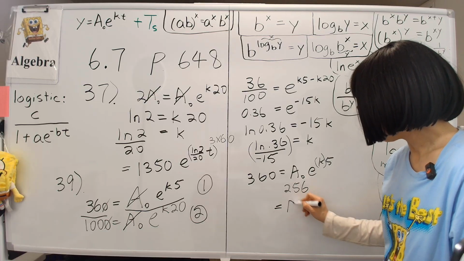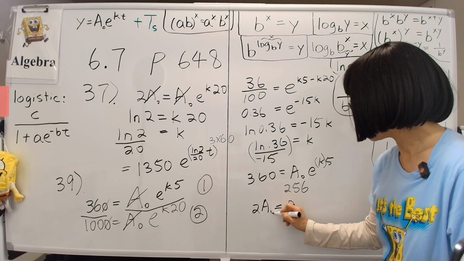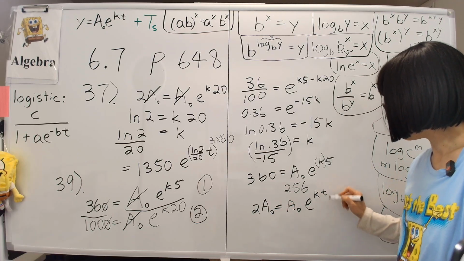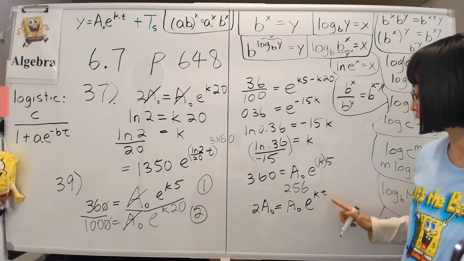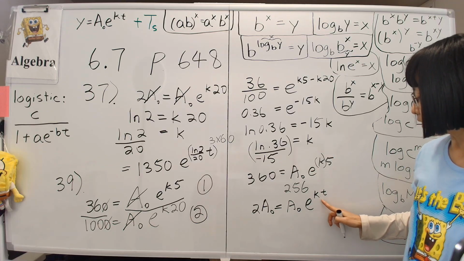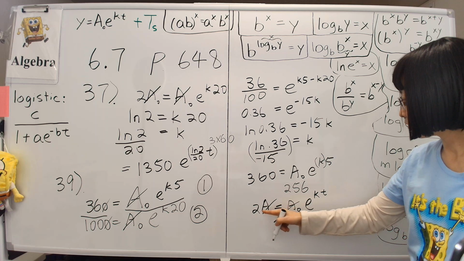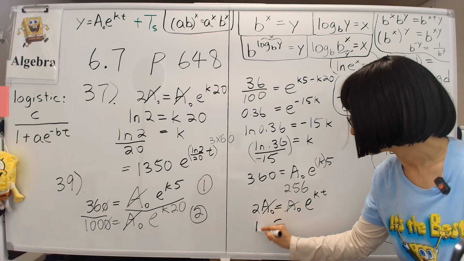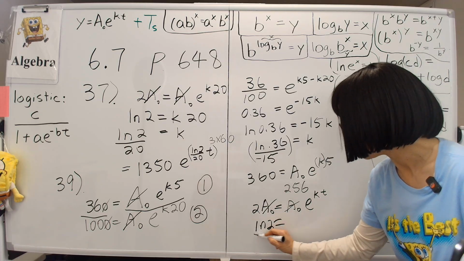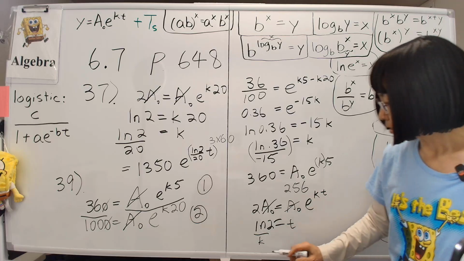This is A0, okay? We don't even care what it is. It needs to become 2A0 because the A0s cancel out. Then we have e to the power kt, where we need to know what t is because we're looking for doubling time, but we know k is this thing already. So if we cancel out the A, we'll do the same trick: natural log of 2, which destroys the e, and then divided by k, that would be equal to t, and that is the doubling time.